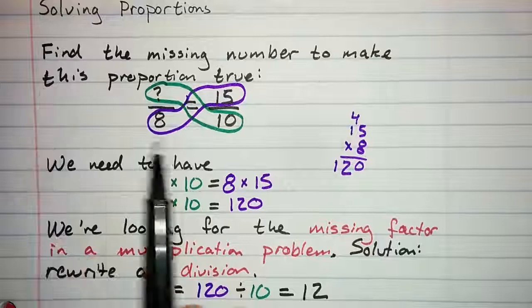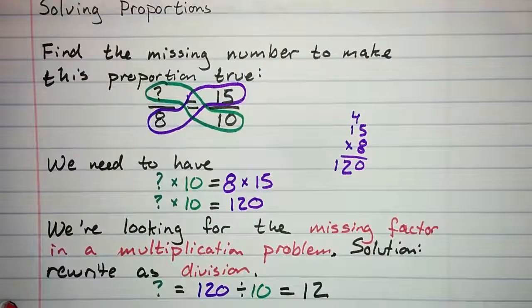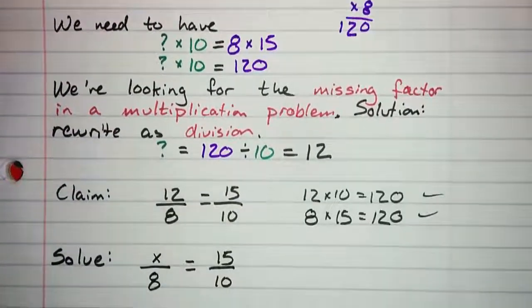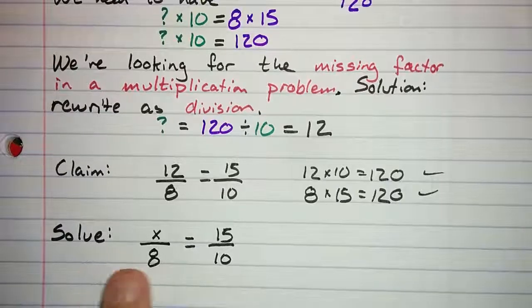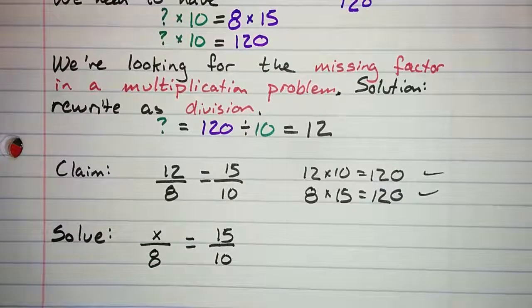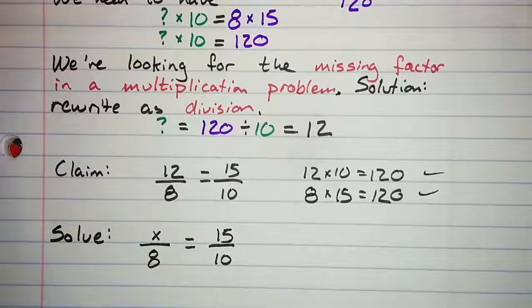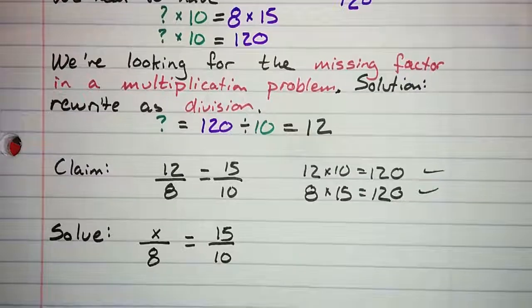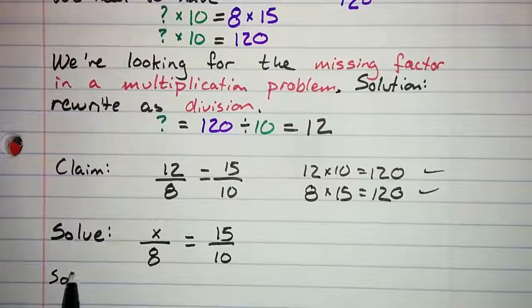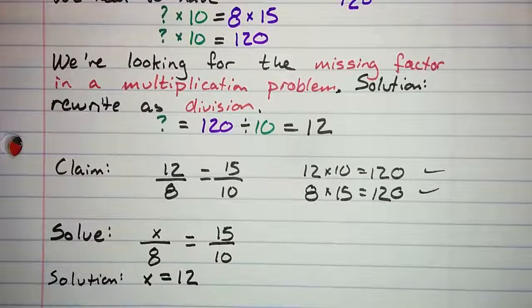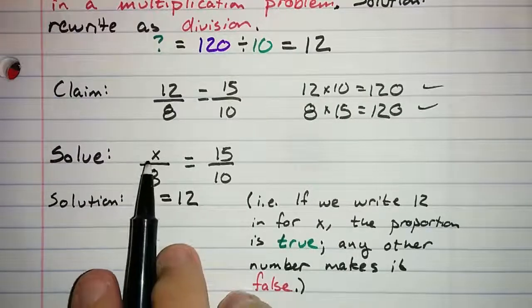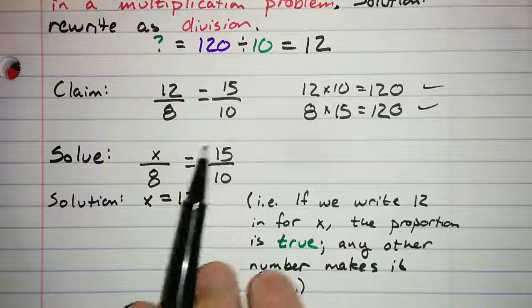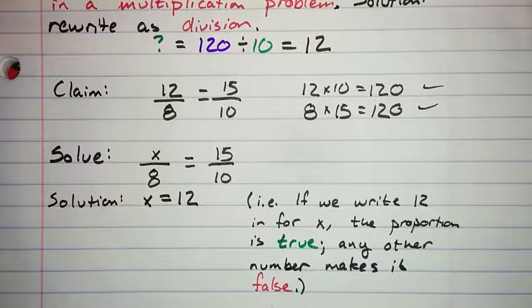So the way this problem is posed, we would normally write the instruction, solve the proportion x over 8 equals 15 over 10. We would follow exactly the same steps that we just did, and we would get the solution, x equals 12, which just means that if we write 12 in place of x, this proportion becomes true.